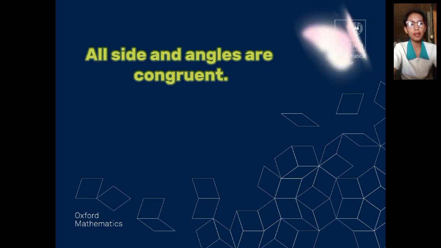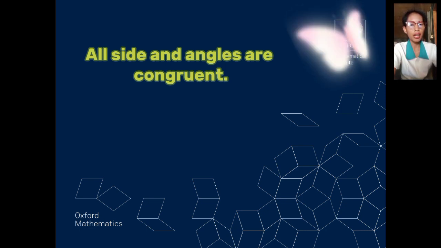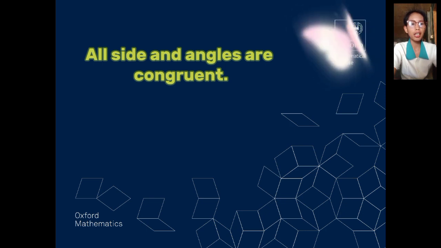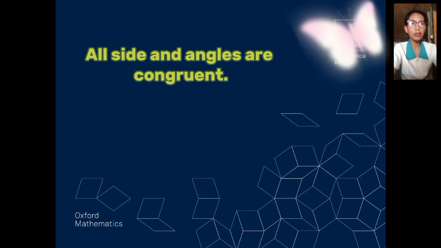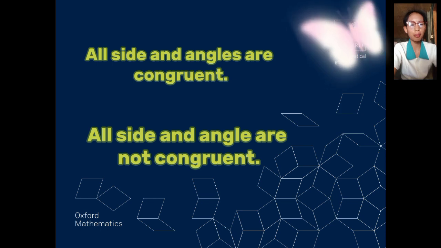How about irregular polygon? Paano natin masasabi na ang isang figure ay irregular polygon? Anyone? Yes, masasabi natin na ito ay irregular polygon kapag yung mga sides ng polygon ay hindi magkakapareho.